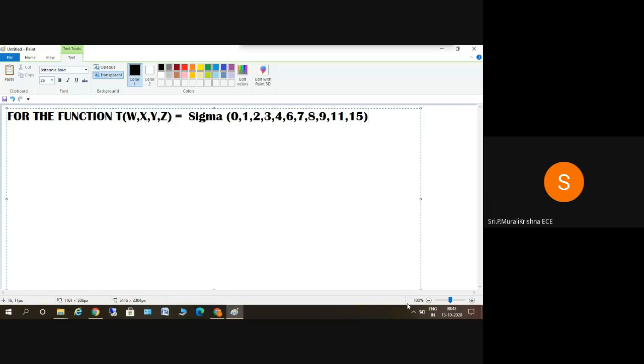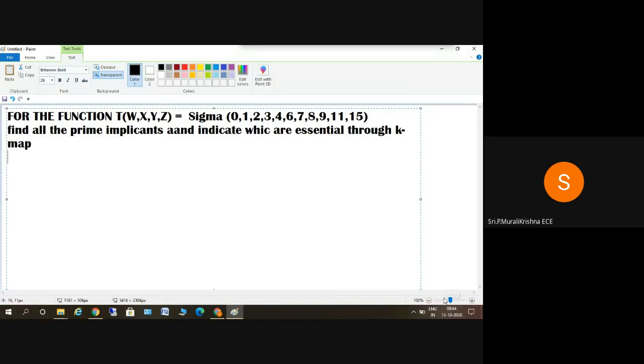So find all the prime implicants. The problem will be like this: find all the implicants and indicate which are essential using the Kmap. If there is another method, it will definitely be given, but for the Kmap method you have to follow the normal method only.